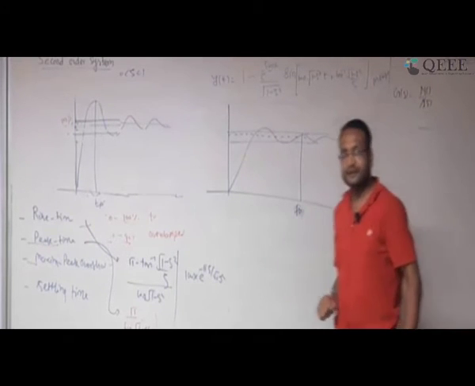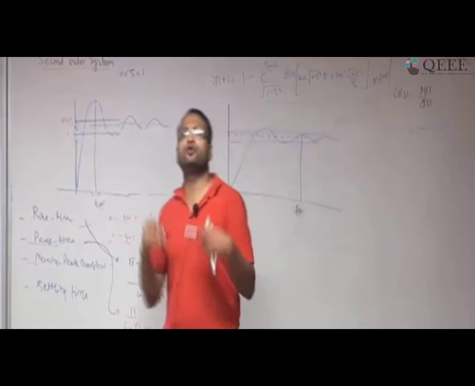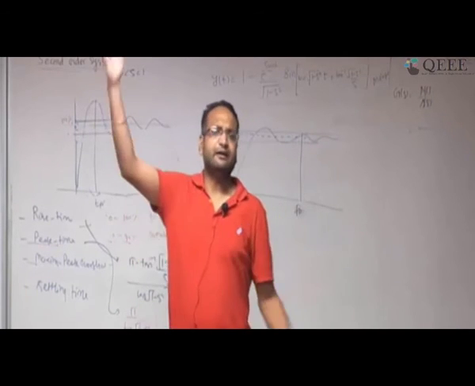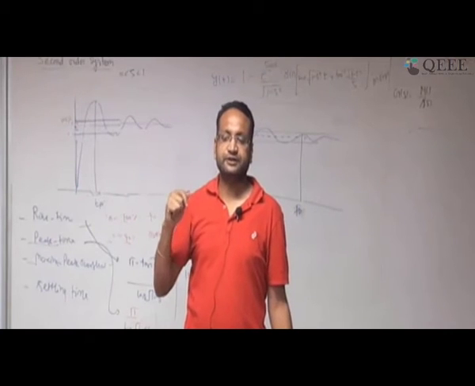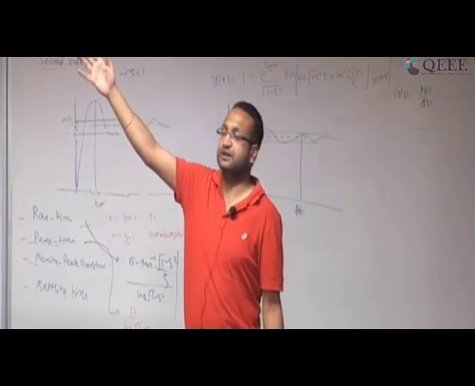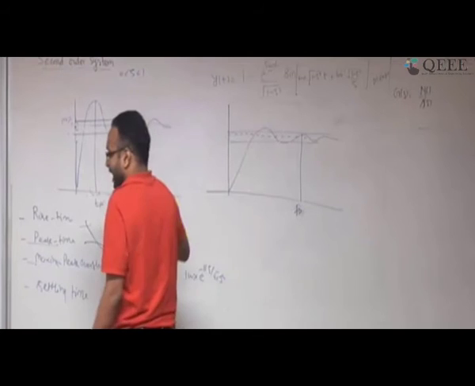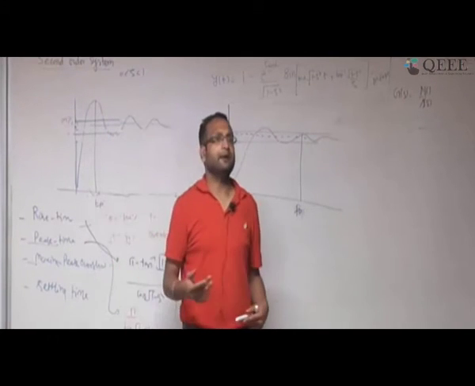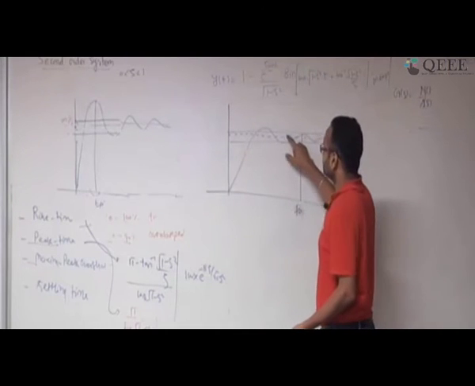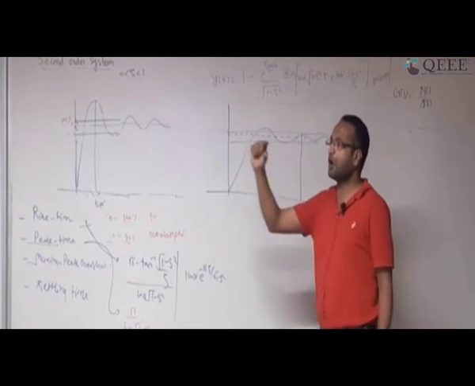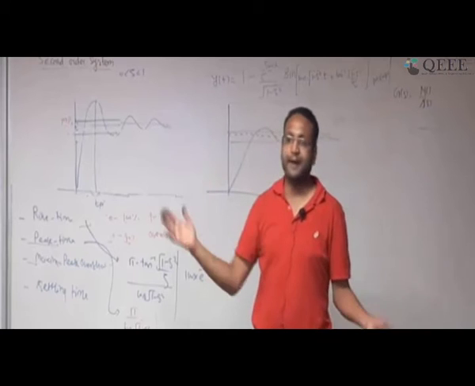What it means is that I know my steady state value is going to reach 1, but it will be at a very long time, t tends to infinity. I am not so much interested in that. As long as my response reaches some tolerance of the steady state value, I am happy.